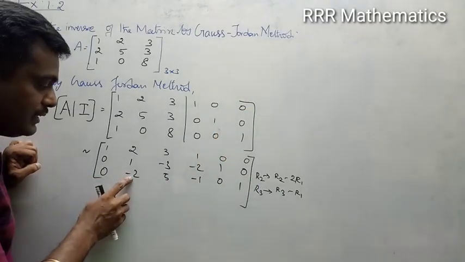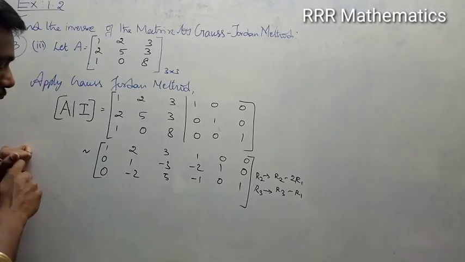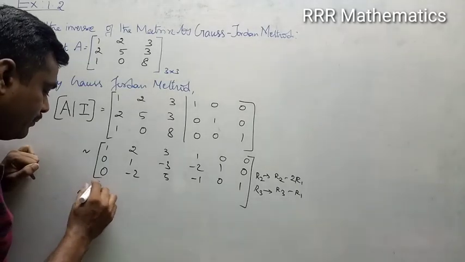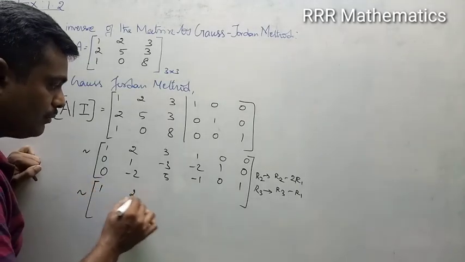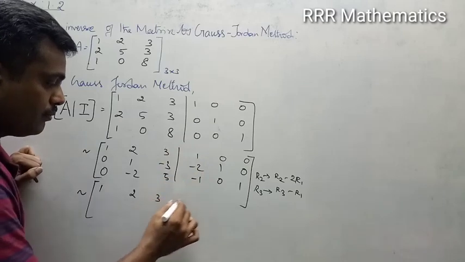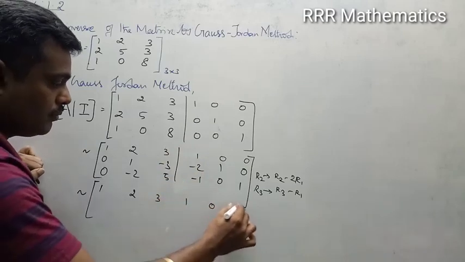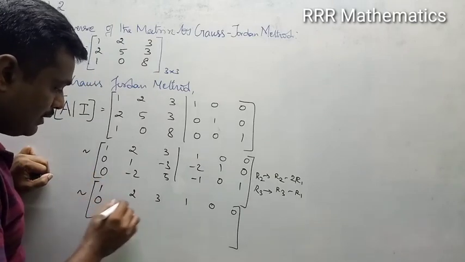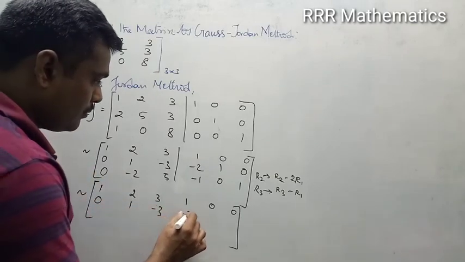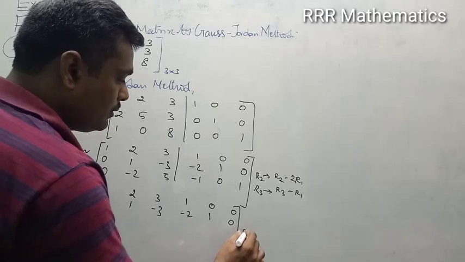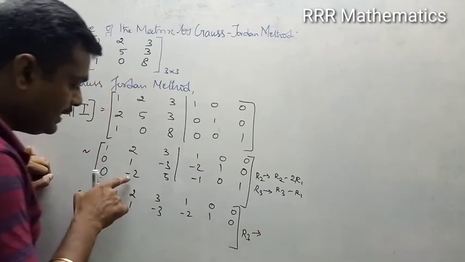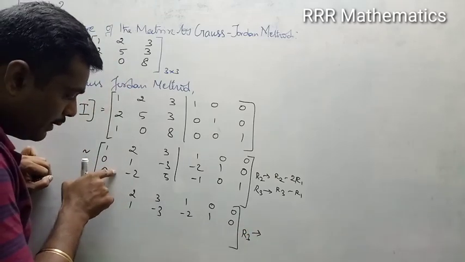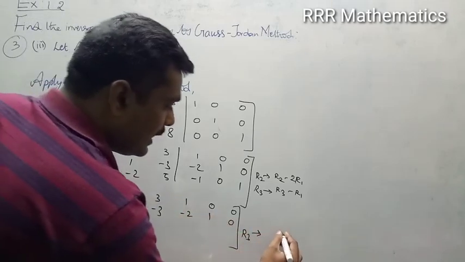Now we want to bring 0 here by using the second row. Leave the first row. I need 0 here. Leave the second row also. Now for the third row I need 0 here. Opposite sign, so add.